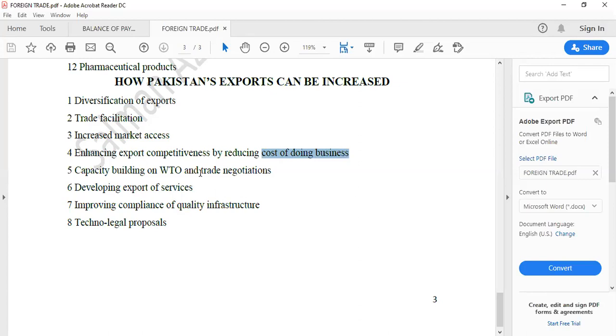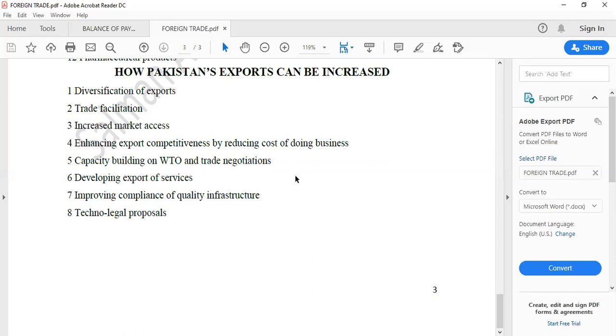Fifth is capacity building on WTO and trade negotiations. WTO is the World Trade Organization. We should talk to them, and we should have trade negotiations on the products we export based upon the restrictions that are imposed by WTO on Pakistan's trade.